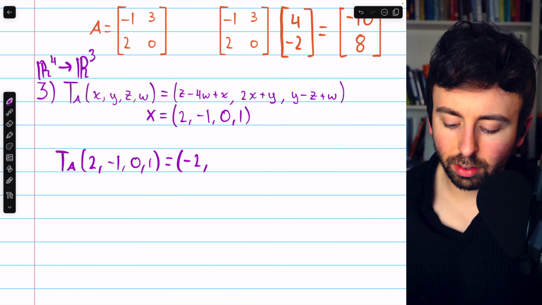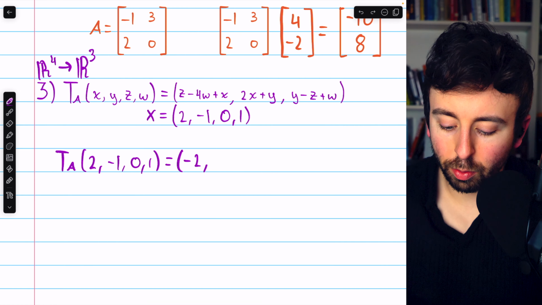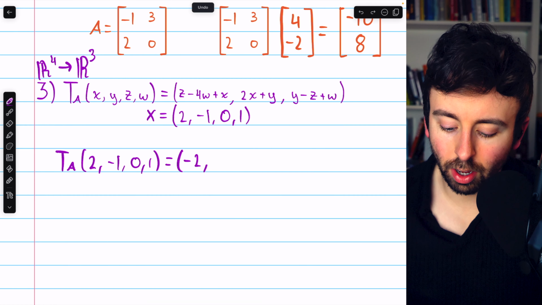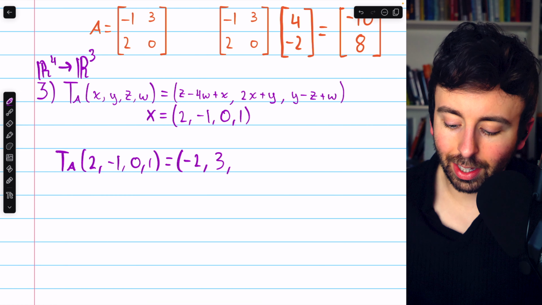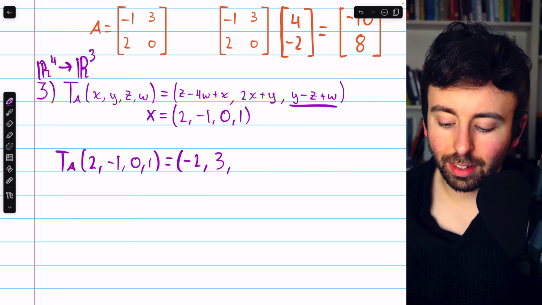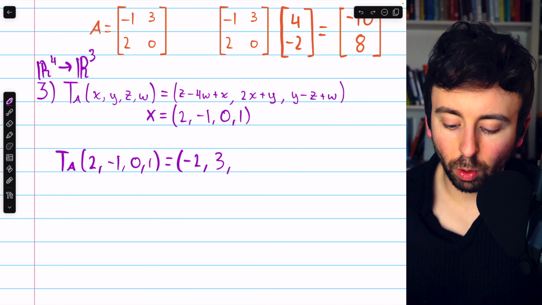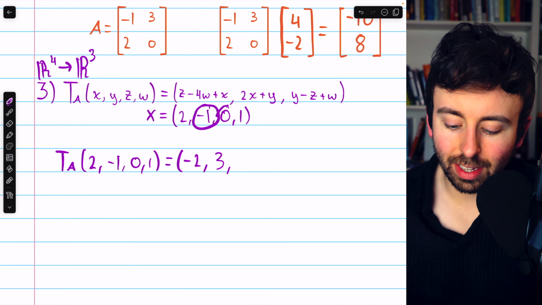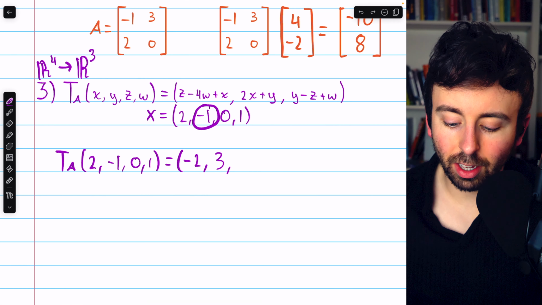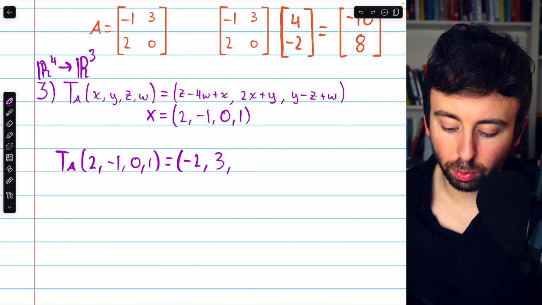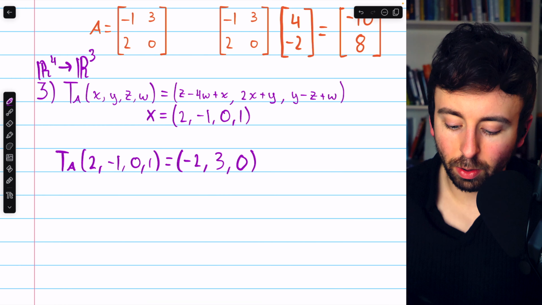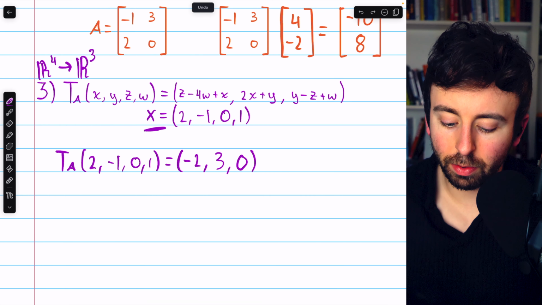The next component is 2x plus y, so 4 plus negative 1, so 3. The third and last component is y minus z plus w. That's going to be negative 1 minus 0 plus 1, which is 0. And so this is the transformed image of the vector x.